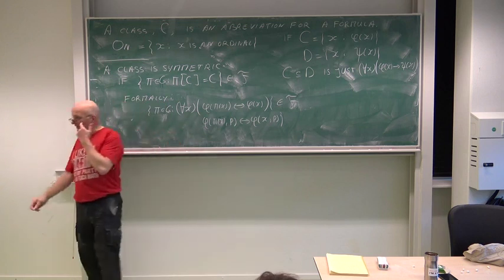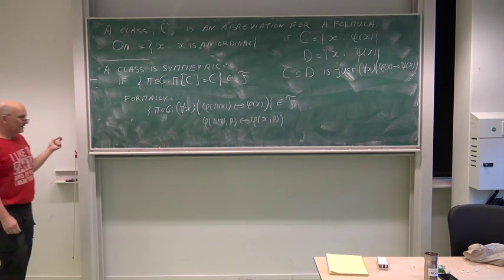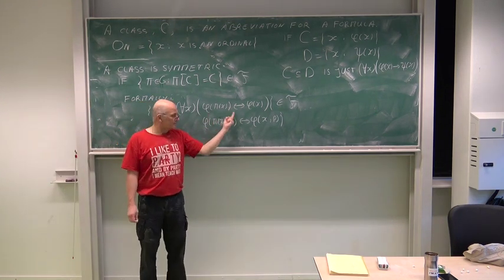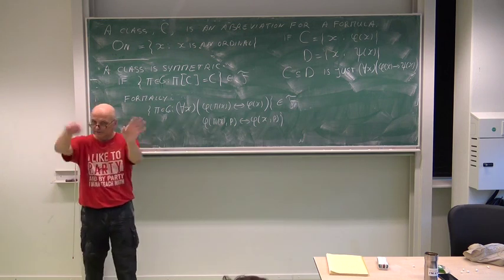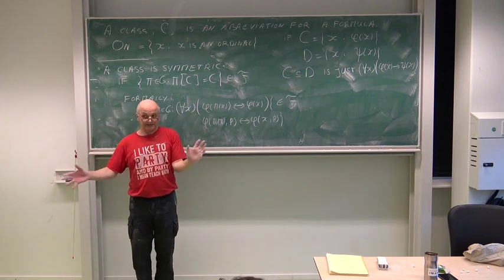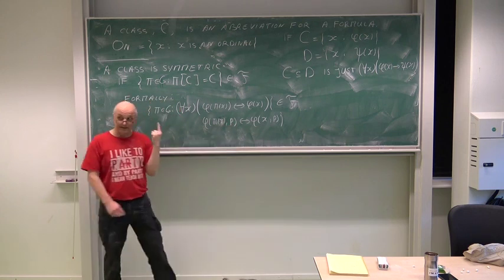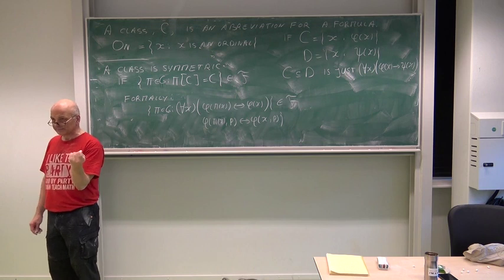No. Because the parameter acts like a constant in the definition of the class. So if you have parameters in the formula, so the class is defined from the formula and one or two fixed sets, then of course those fixed sets stay fixed. You're not going to permute those because you want the class to really depend on the elements that you have in mind.